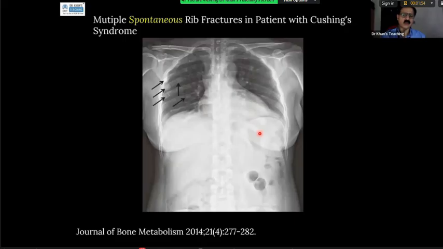Once you know the overall concept of a pathology, you can understand the mindset of the examiners and how they can show it to you. So this is a very good example of spontaneous fractures.